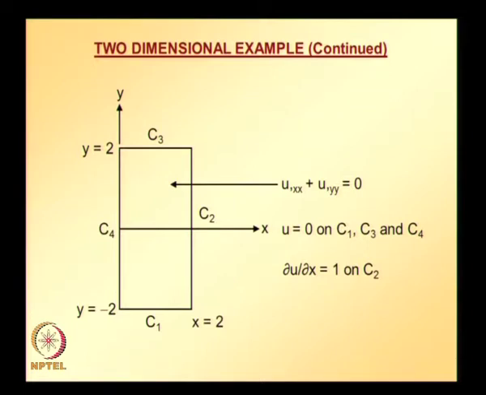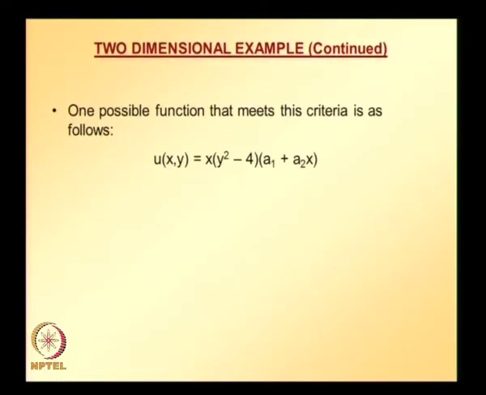With this information, one possible function that meets this criterion is as follows. This function consists of the term x, for x equal to 0, and also y minus 2 and y plus 2, whose product is y squared minus 4. This trial solution can easily be verified to satisfy the essential boundary conditions.